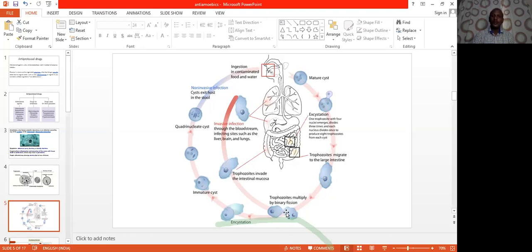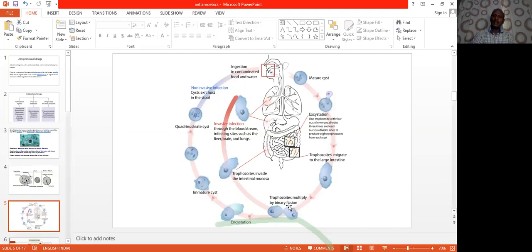There they may undergo binary fission, and some of the trophozoites will be released, while some will remain in the host and undergo maturation. That means further trophozoites will be converted into cyst form.